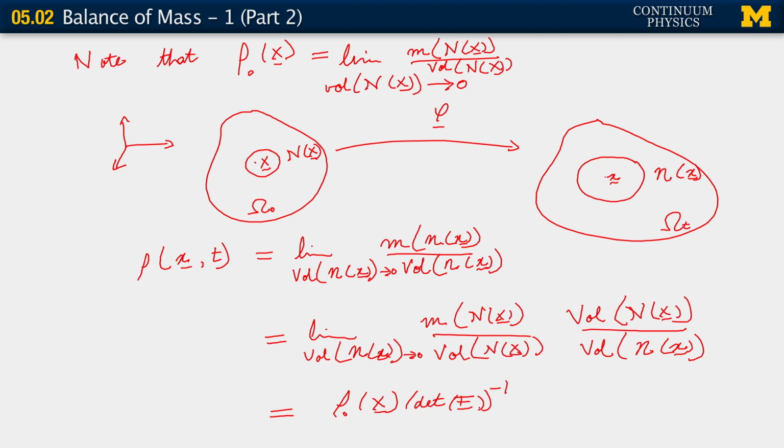So what we observe is that rho of little x, function of time, is rho 0, function of position only, times determinant of F, which brings in the time dependence.